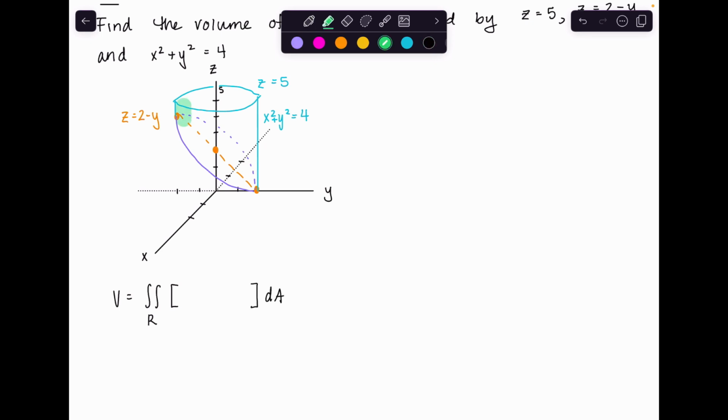To find this particular volume, because you have this gap missing underneath since it's sandwiched in between these two, it's just like we did in Calc 1 when you're finding the area between two curves, and finding the volume between these two solids. So I'm really just going to take this top function and subtract the bottom function. So the inside is going to be the top minus the bottom.